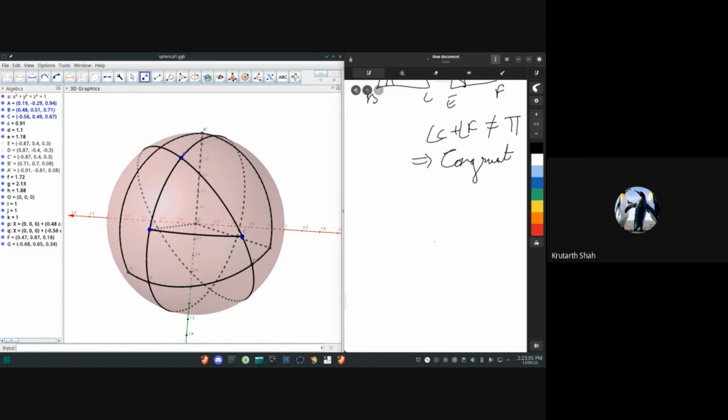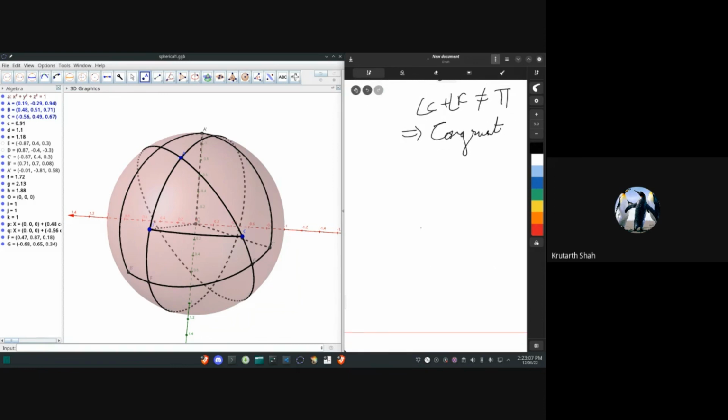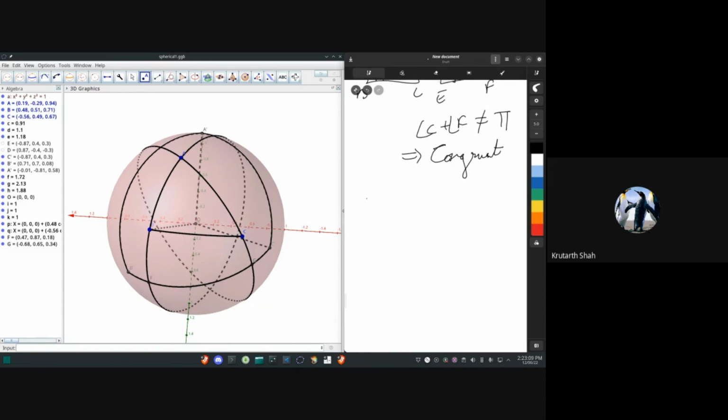Okay, so I'll just give a brief review of spherical trigonometry because why not? Basically, you have very similar theorems to Euclidean geometry.